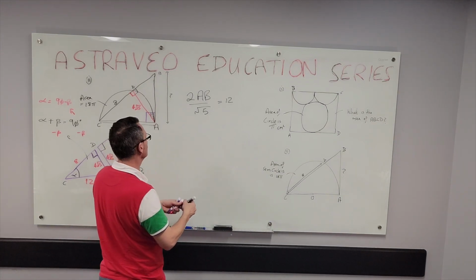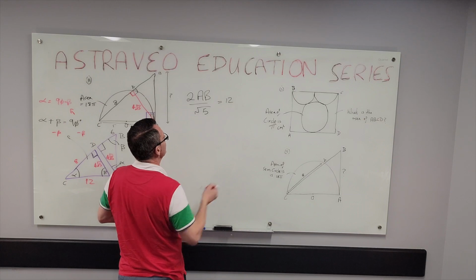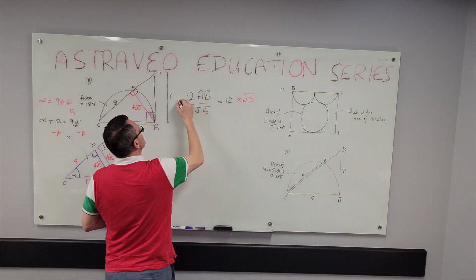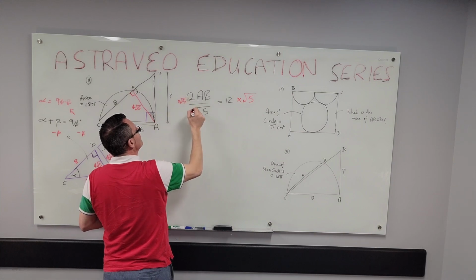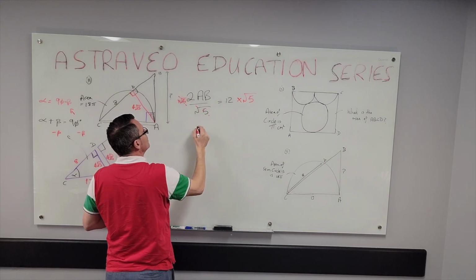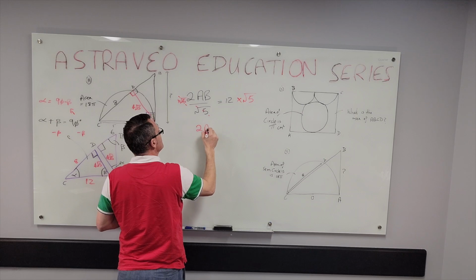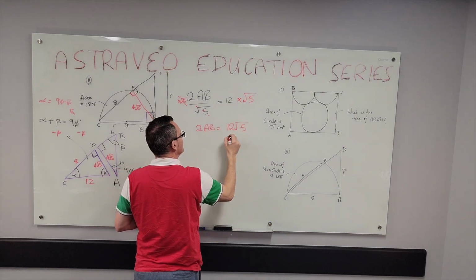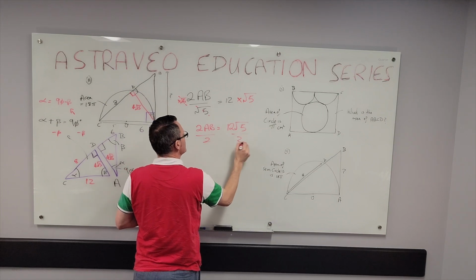Okay, so let's multiply by square root of 5 on both sides. Multiply by root 5. Multiply by root 5. They obviously cancel. We end up with 2AB equals 12 root 5. Divide by 2 on both sides.